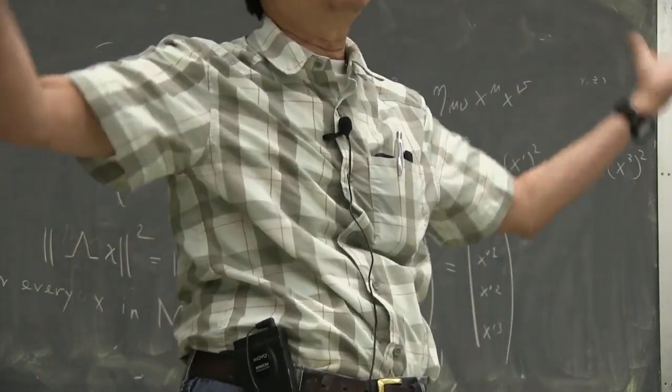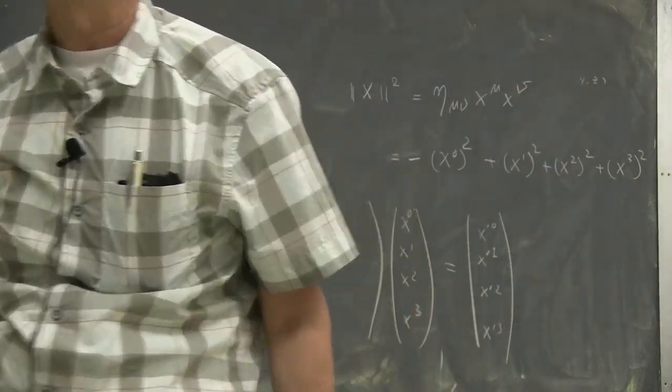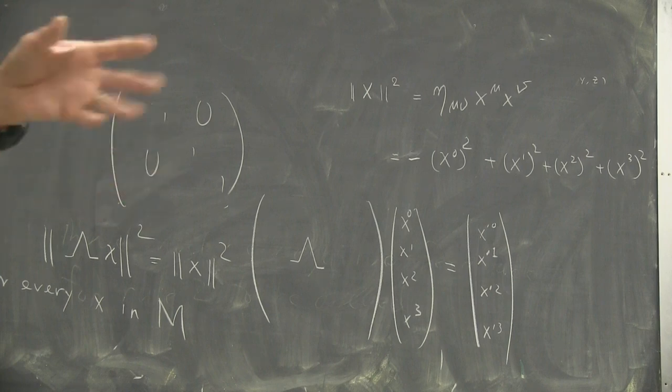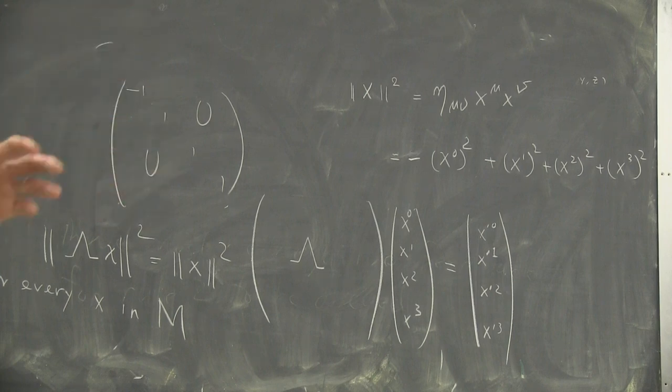And you can show that the set of all Lorentz transformations form a group. How do you show that? You show that if lambda 1 and lambda 2 are Lorentz transformations, then lambda 1 lambda 2 is also a Lorentz transformation, which is pretty obvious. Just as any rotation has an inverse, any Lorentz transformation has an inverse also. You can undo the Lorentz transformation.